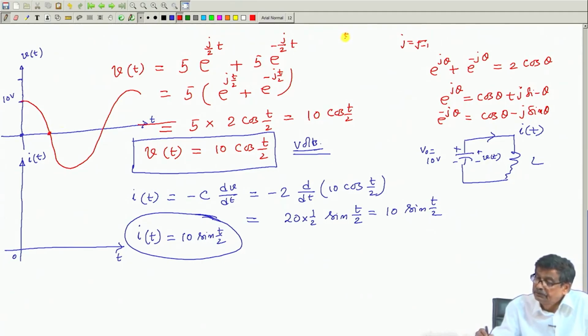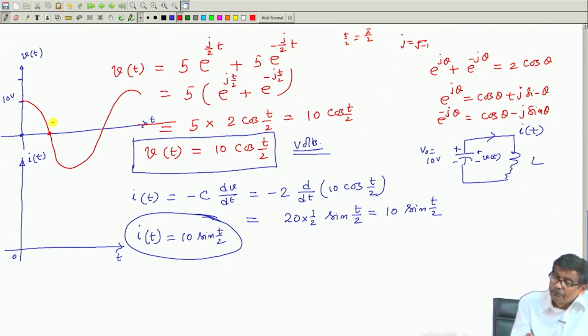So, t by 2 is equal to pi by 2, so t is equal to pi, this point will be pi, and so on. You can mark this point. This is time, mind you, not theta. Now, the peak value is 10 volt. So, capacitor voltage will oscillate like that.